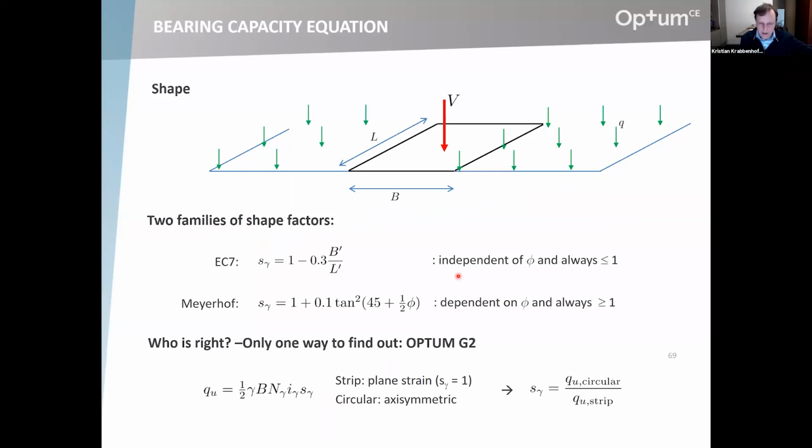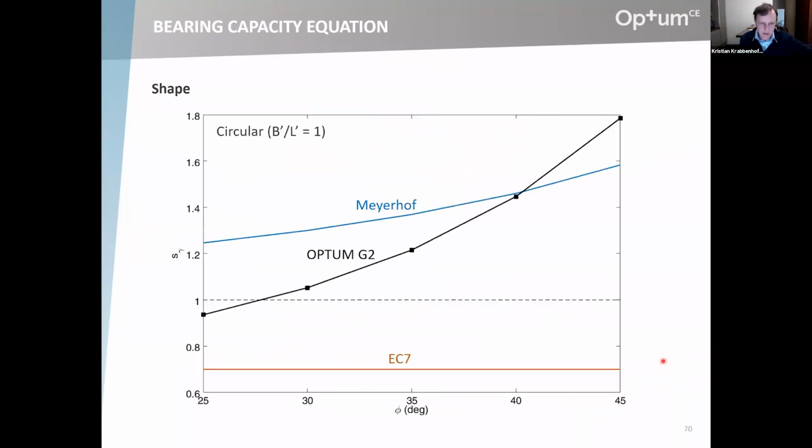Those analyses can be done in Optum G2. For the strip footing, we actually have the analytical solution since we have the exact N gamma. But for the circular case, we can run axisymmetric analysis and then just take the shape factor as the ratio of the capacities in the two cases.